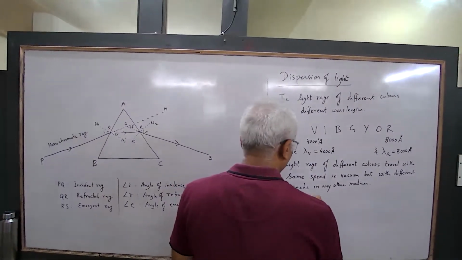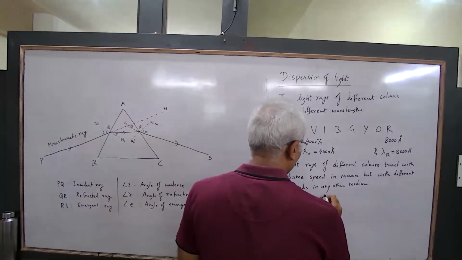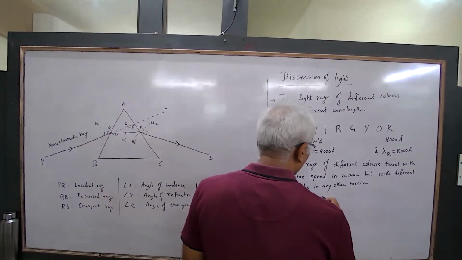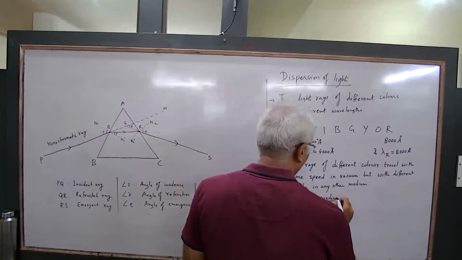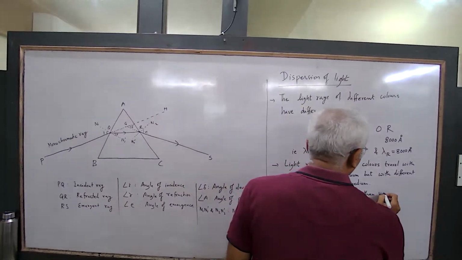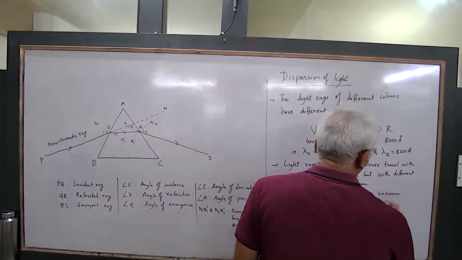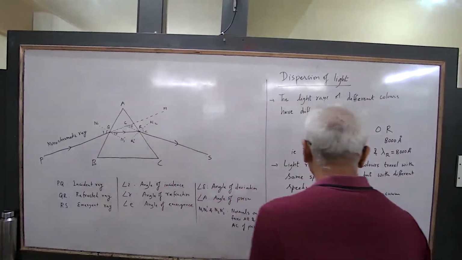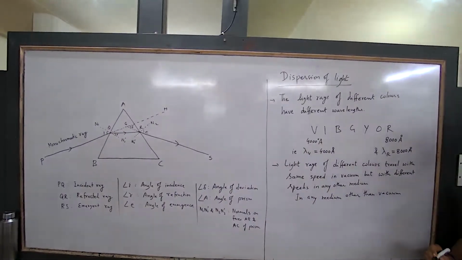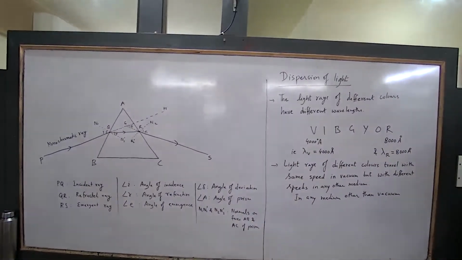In any medium other than vacuum, speed of violet color is slowest.